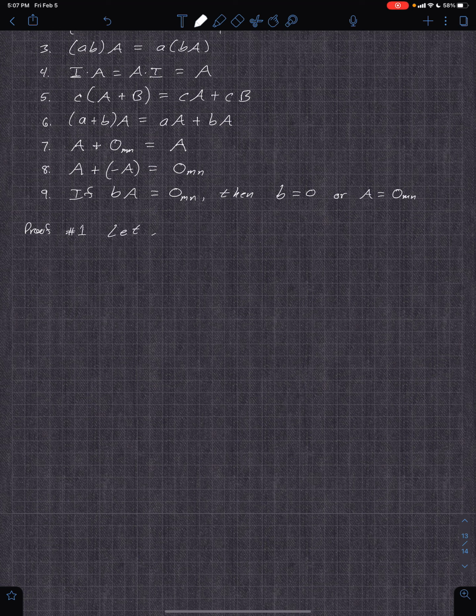Let A and B be M by N matrices. And we'll say A is equal to the matrix A sub ij, and B equal to the matrix B sub ij.